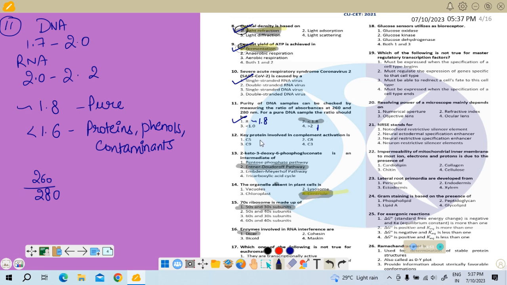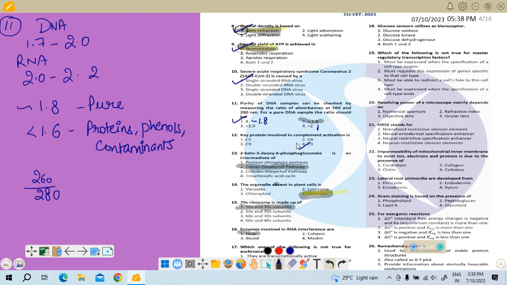Next, the key protein involved in complement activation is C5, C9, C8, C3. This is from the chapter on complement activation, the answer is C3. 2-keto 3-deoxy-6-phosphogluconate is an intermediate of pentose phosphate pathway, Entner-Doudoroff pathway, Embden-Meyerhof pathway, tricarboxylic acid cycle.